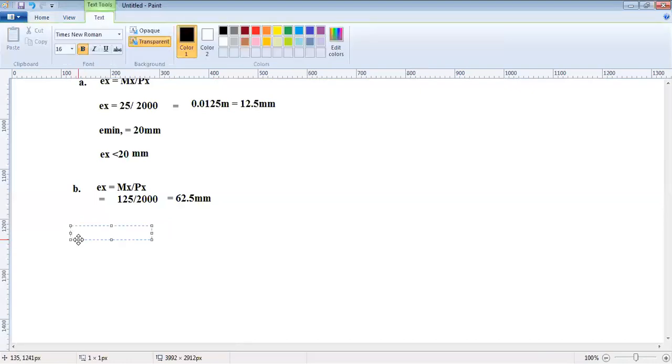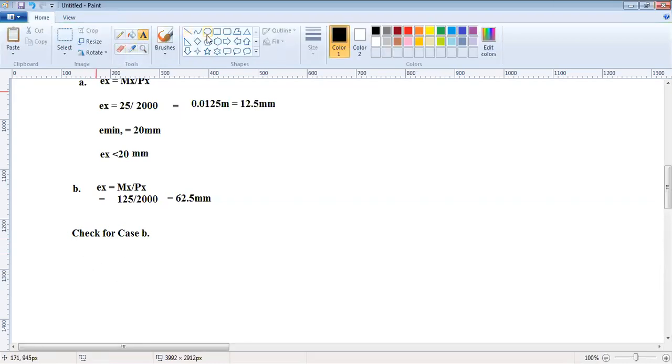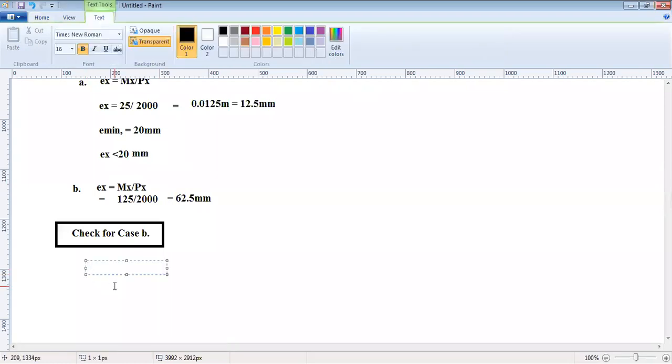Now we are moving towards the check for the second case, case B. This is a check that we are going to do for case B, where we are getting an eccentricity of 62.5. We have to check whether it's safe or not.